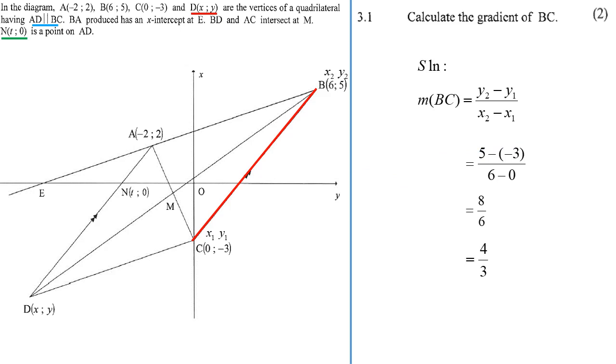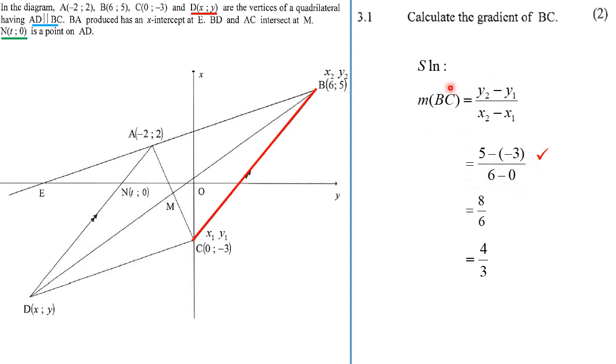It is also important to know how this is marked. The examiner will give you a question, but you need to know where you're going to get the marks. For example, you get a mark for substituting into the correct formula. That is why it is important for you to start by writing the formula, so that we know which formula you are substituting in.